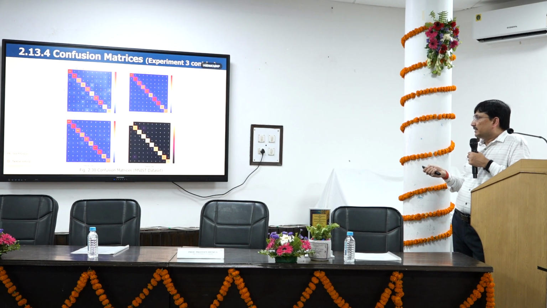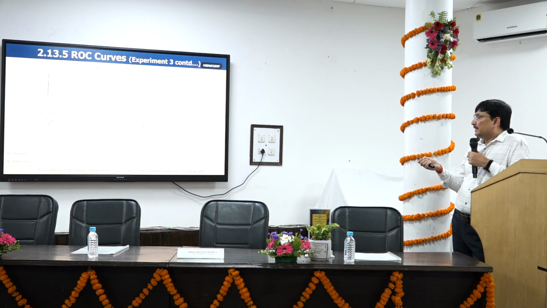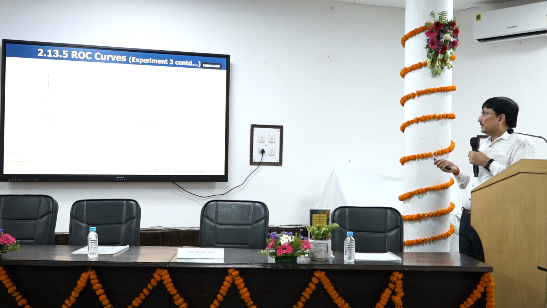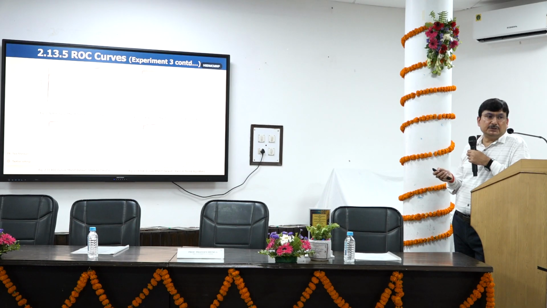Again, we will have this confusion matrix for the prediction, and these are the ROC curves that we have, and these curves have very good values. One, it is approximately 1, approaching to 1. That means the answers are well validated, and whatever we concluded for the accuracy, that is perfect.